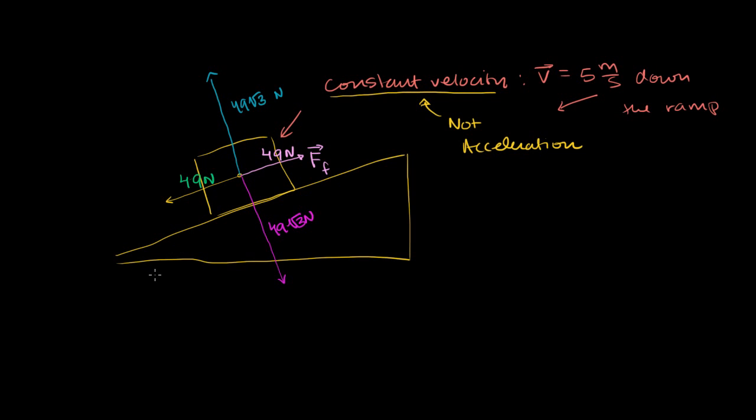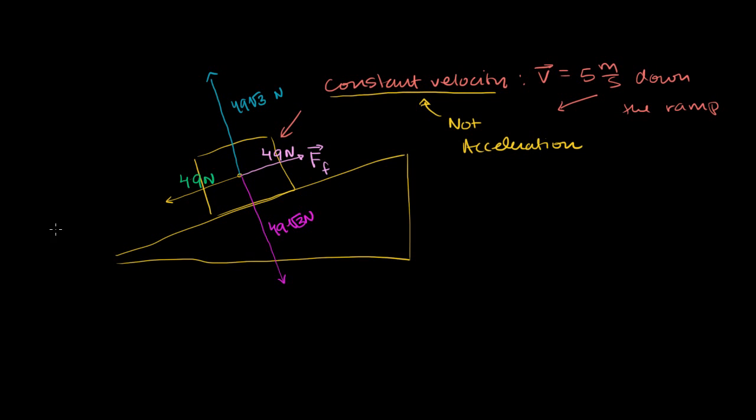So given this, let's calculate another coefficient of friction, but this is going to be the coefficient of kinetic friction, because now we are moving down the block. And I'll do a video on why sometimes the coefficient of static friction can be different than the coefficient of kinetic friction.